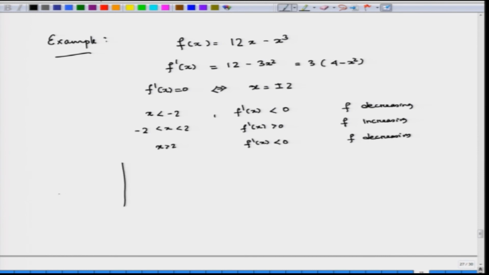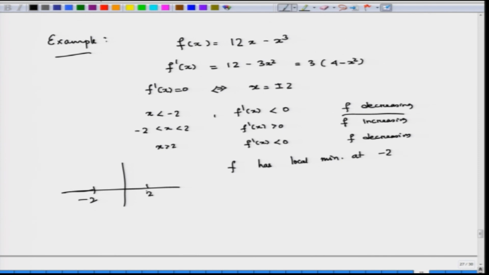So, you see at minus 2, on this side f is a decreasing function, and on the right hand side it is an increasing function. So, f has a local minimum at minus 2.